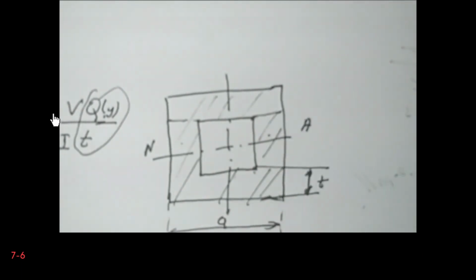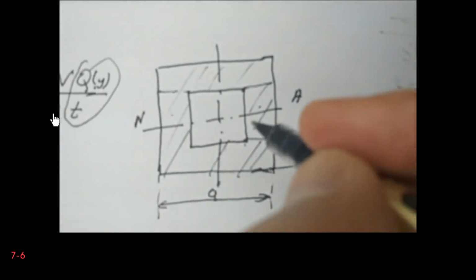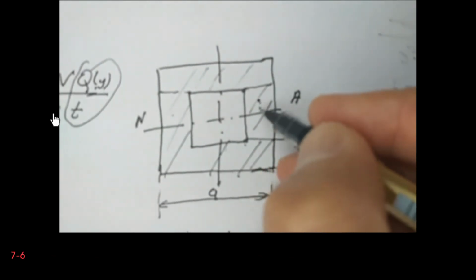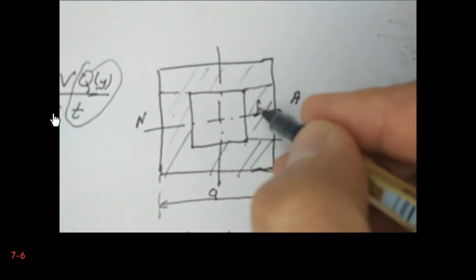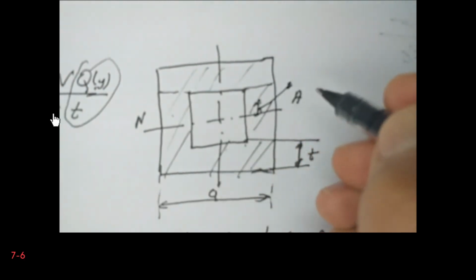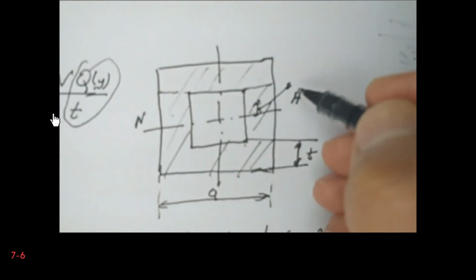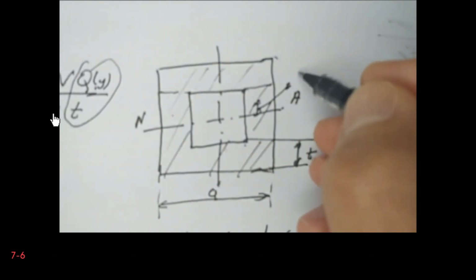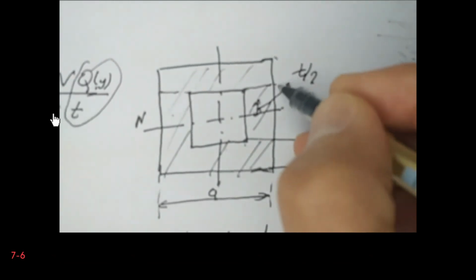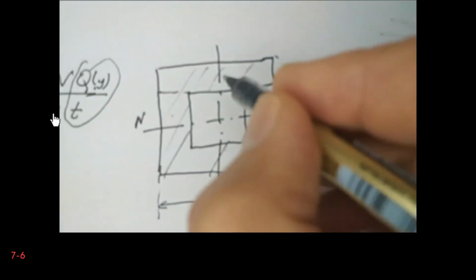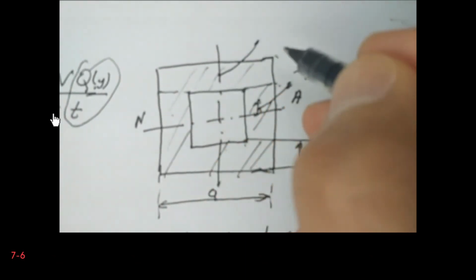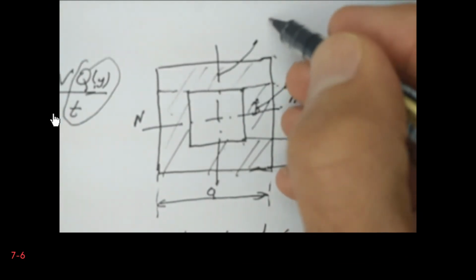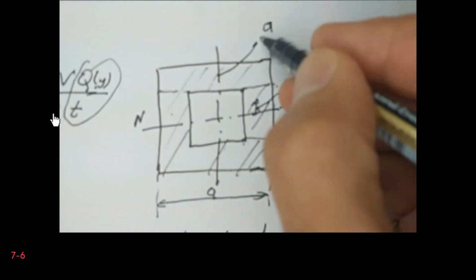In fact, the centroid of this is located at t divided by 2, because this distance is t, and this is located at a divided by 2 minus t divided by 2.